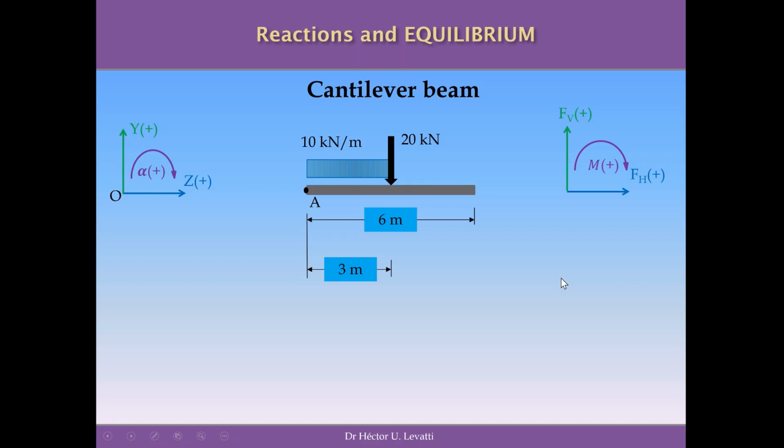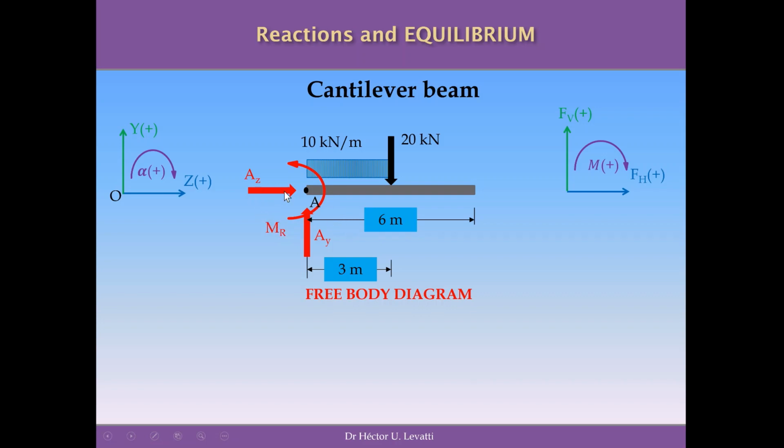try to guess what type of reaction we are going to have in this fixed support. Because of the nature of the fixed support, we expect to have a horizontal reaction, a vertical reaction, and a reaction as a moment. As I said before for the simply supported beam, for the cantilever beam we don't know the value or the directions of these reactions a priori, but we need to decide in order to have a first guess and to write equations.